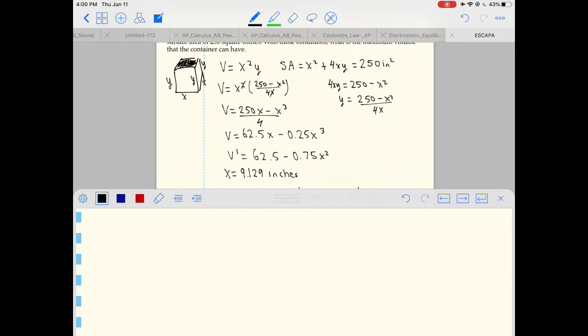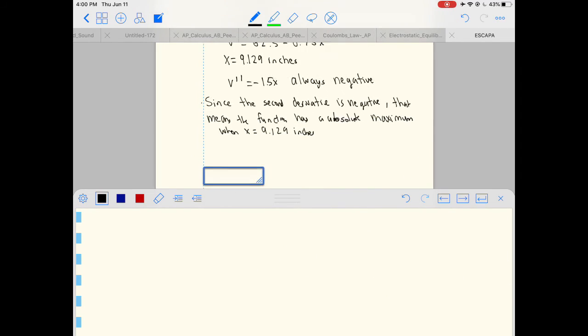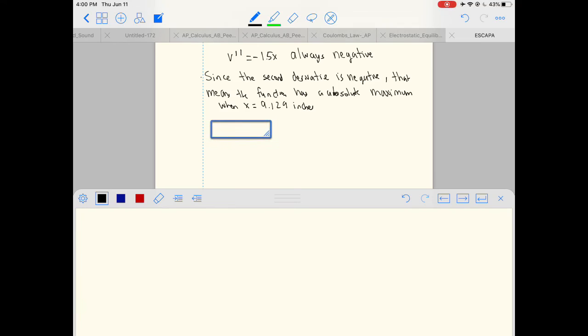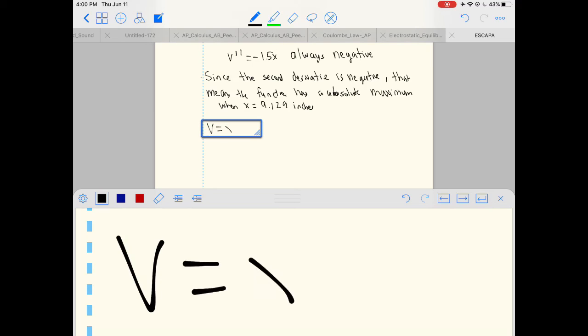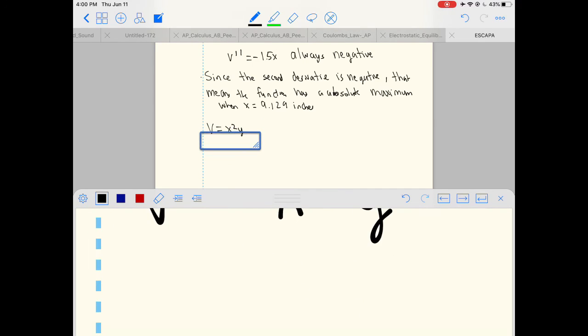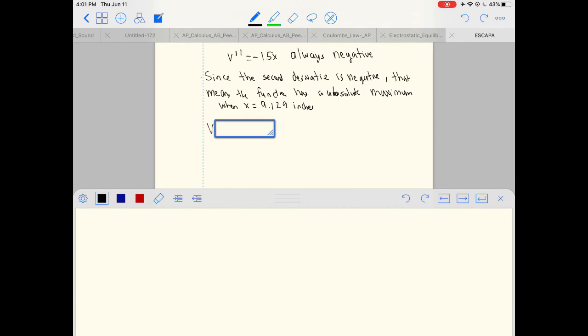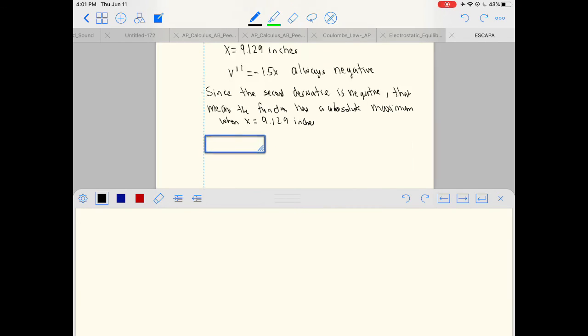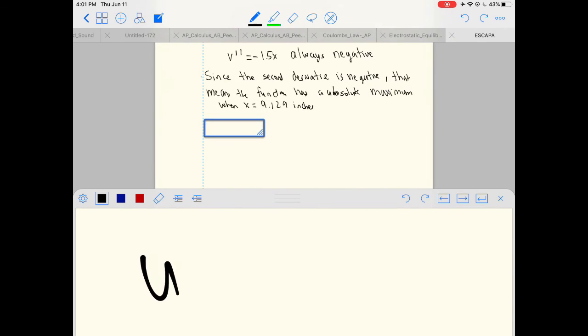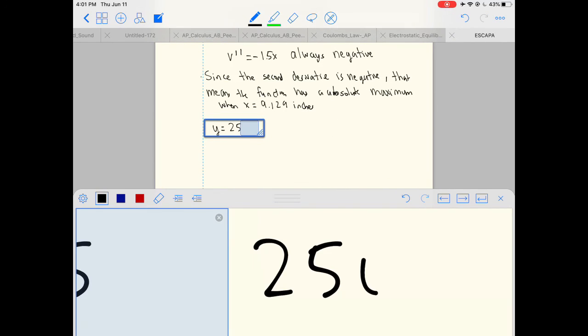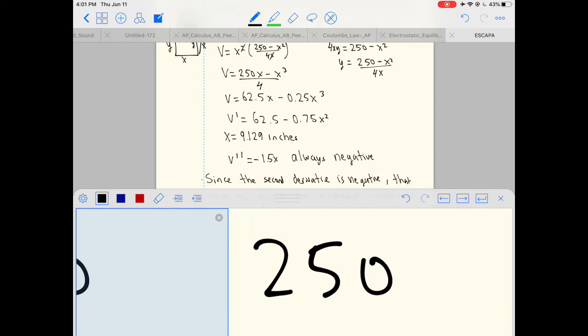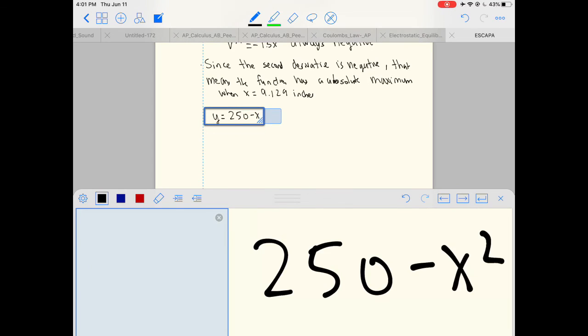Okay, so what does the question ask us to find? It asks us to find the maximum volume of the total container. So we found x is 9.129, so now let's find y. Volume equals x squared y. Nope, we can't use that equation for it. We have to use the surface area equation. So y equals 250 minus x squared over 4x.